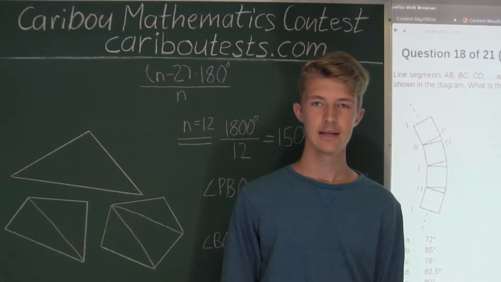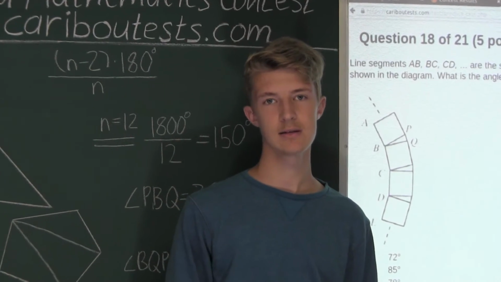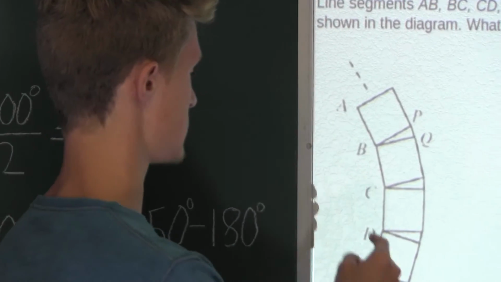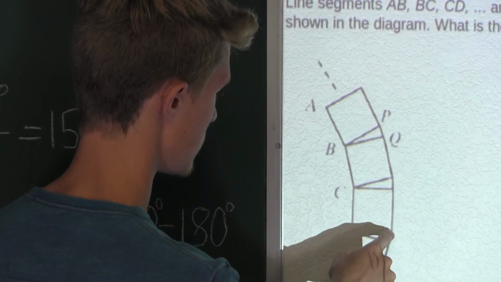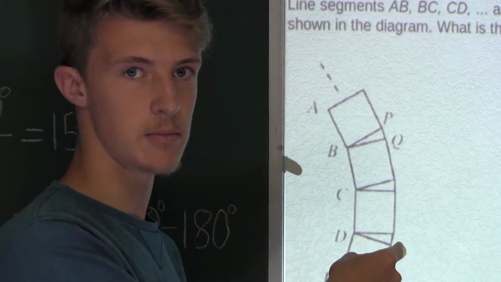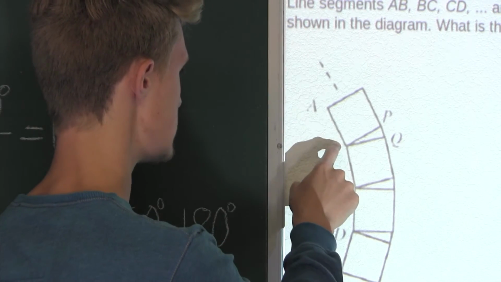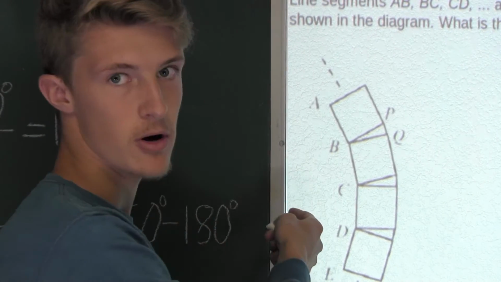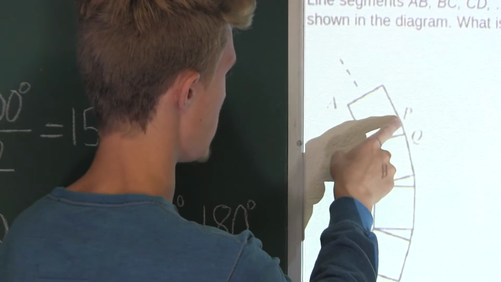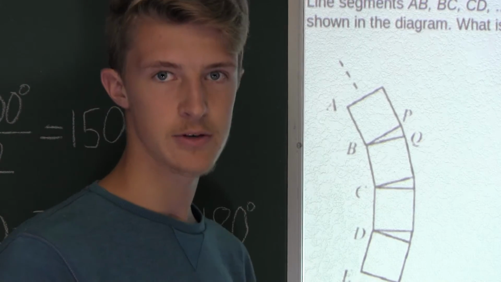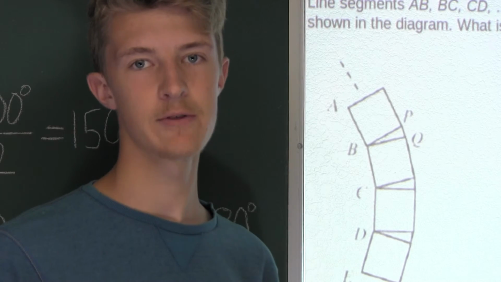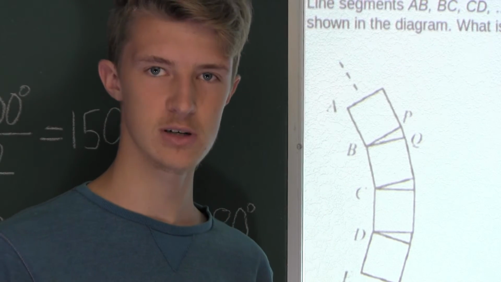Alright, now a different way to find this same solution would be to see that this outside polygon has double the number of vertices as the inner polygon, because here we have 2 vertices for 1, 2 vertices for 1. So instead of 12 sides, we would have 12 times 2 is 24 sides.